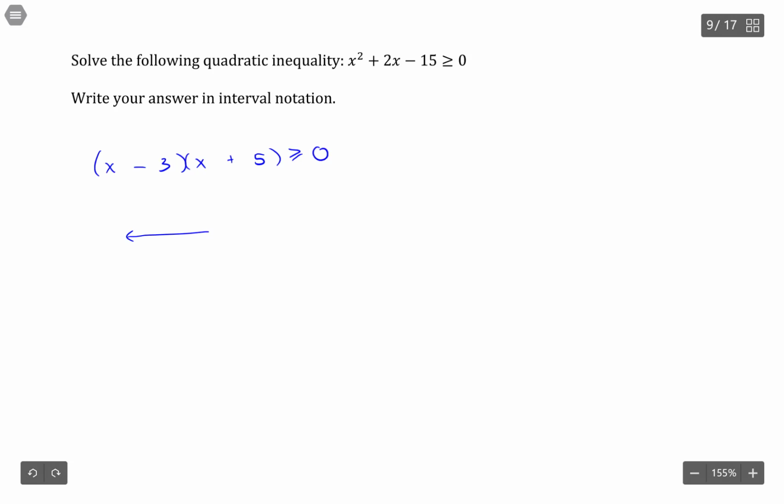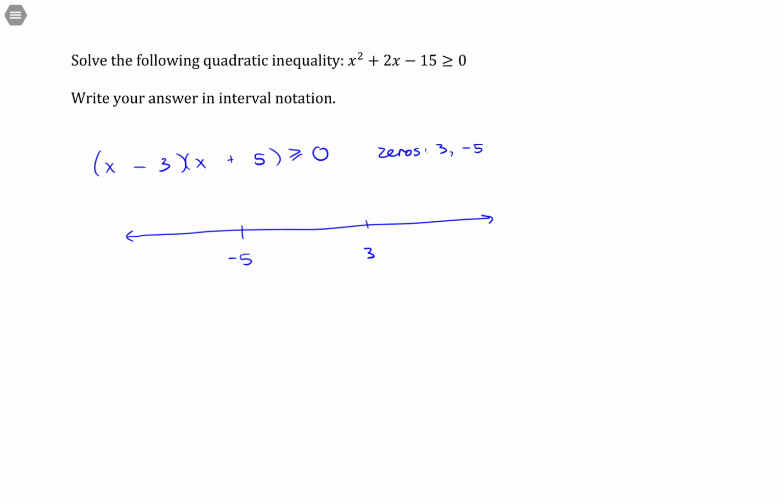What we have to do is take the zeros, and the zeros of this are going to be 3 and negative 5. We put those on a number line in order, and we test the intervals in between those zeros.